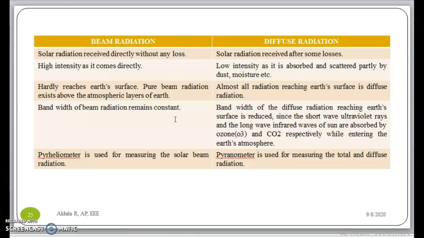And you have two types of meters that are used for measuring them. So you have a pyrheliometer that is used for measuring the solar beam radiation, and you have a pyranometer which is used for measuring the diffuse radiation as well as the total. Total means the sum of both the radiations.